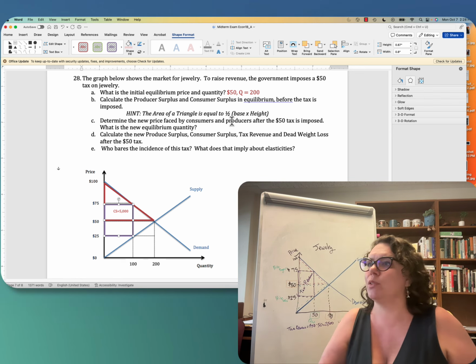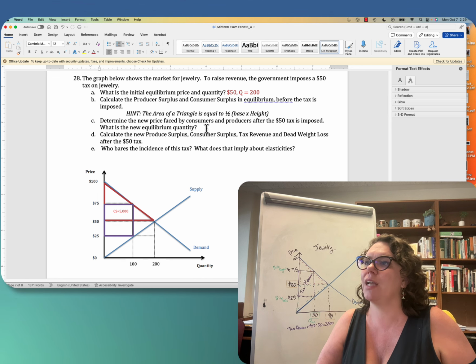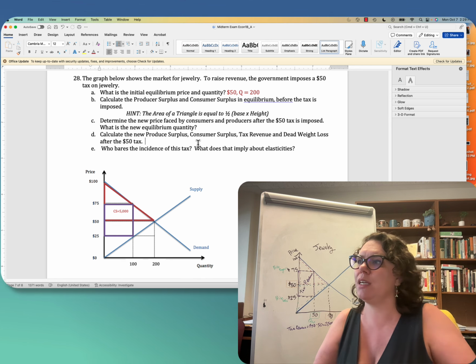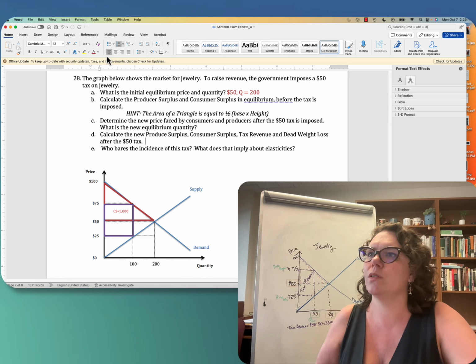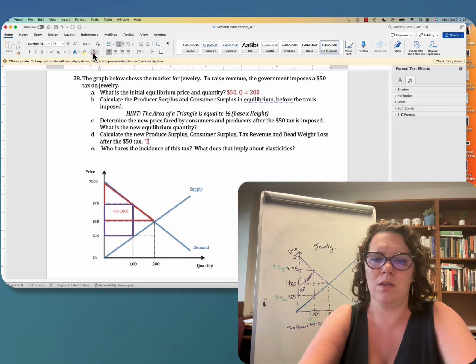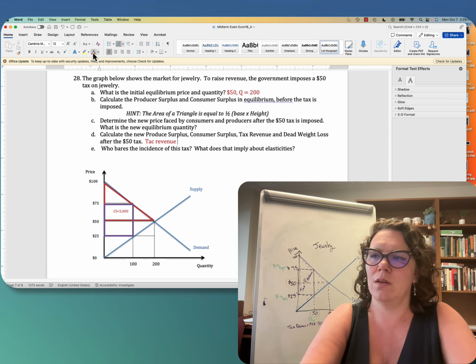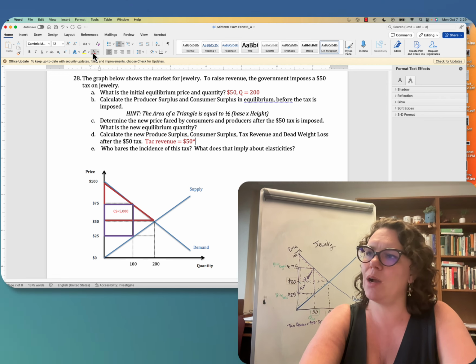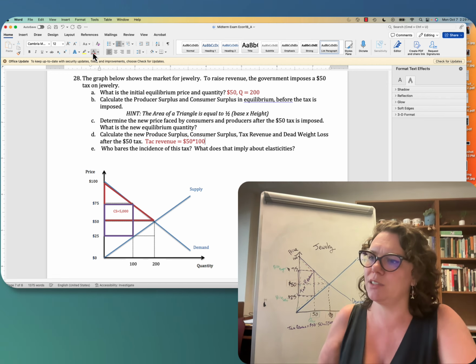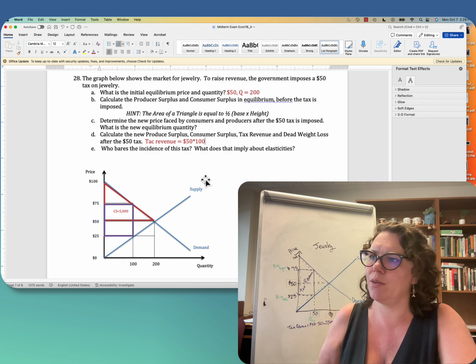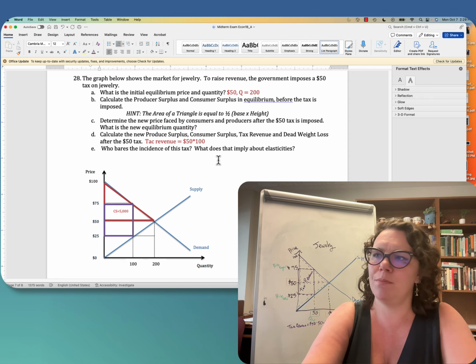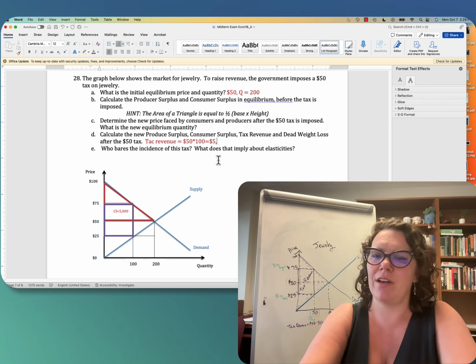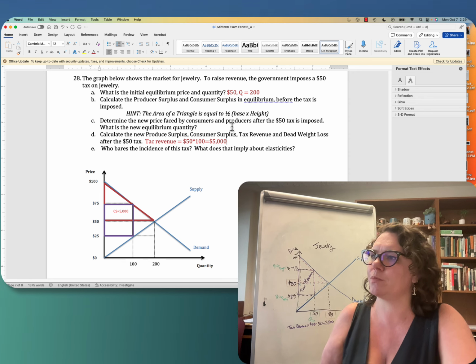In this example, the new tax revenue is still $50 because the tax is still $50, but now we're multiplying it by 100 pieces of jewelry because that's our new quantity down here. And so it's going to be a tax revenue of $5,000.